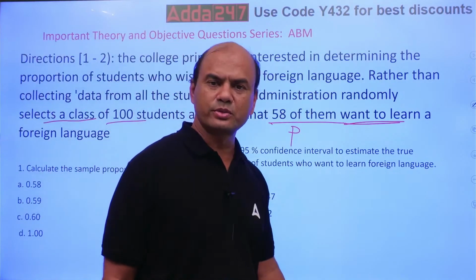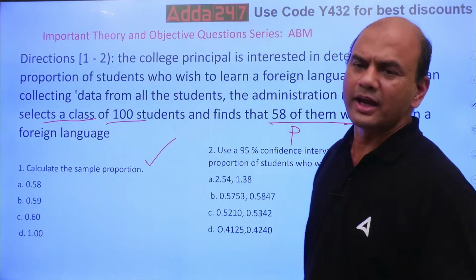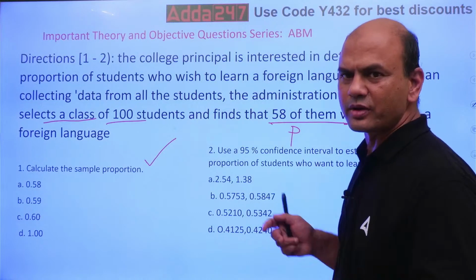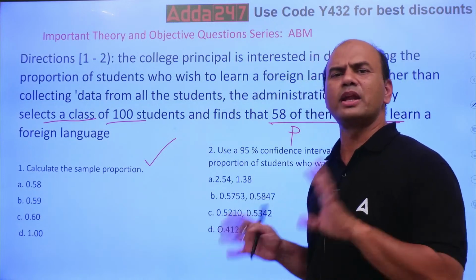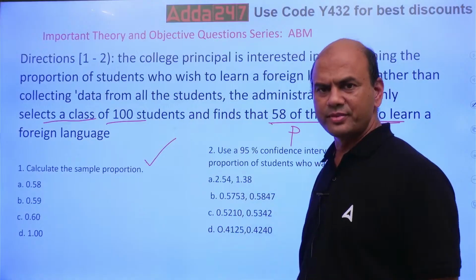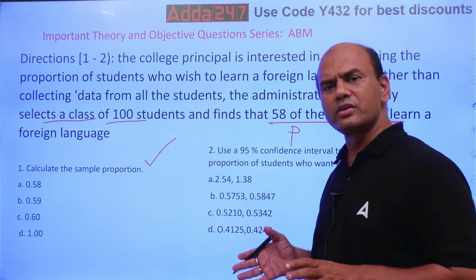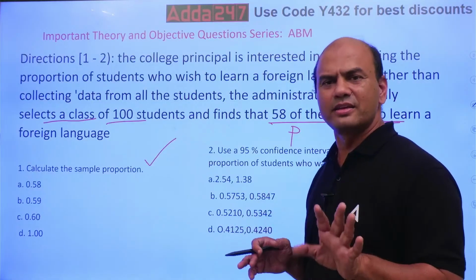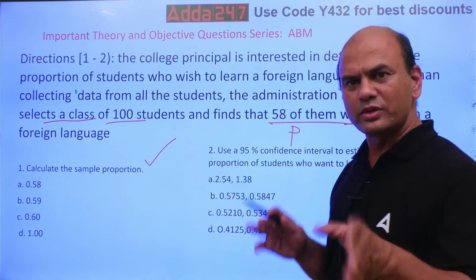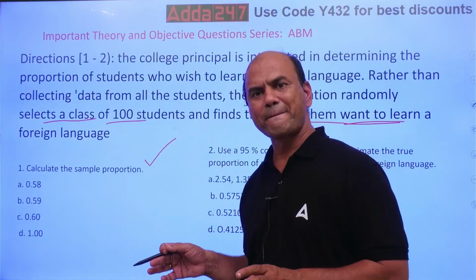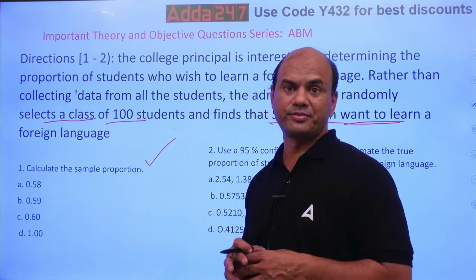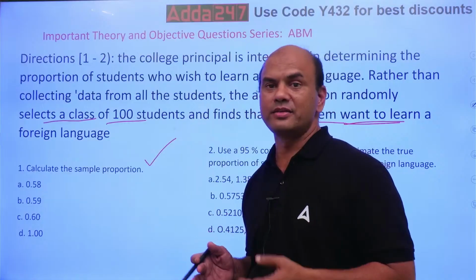Whenever you speak to any student, either the student will say I like the foreign language, or will say I don't like the foreign language. Can a student say I like and I don't like both? No. Either you like or you don't like. That's called binomial, in fact binary.